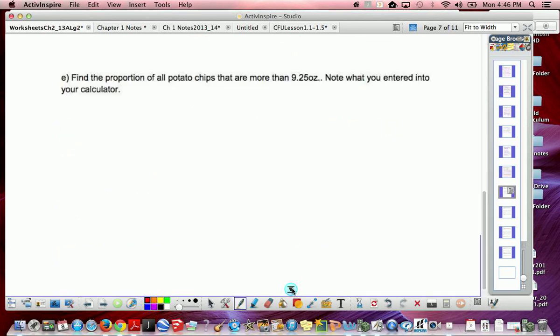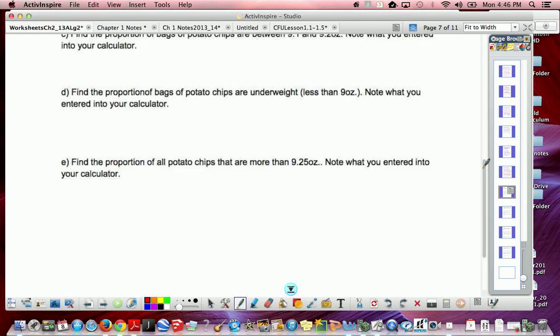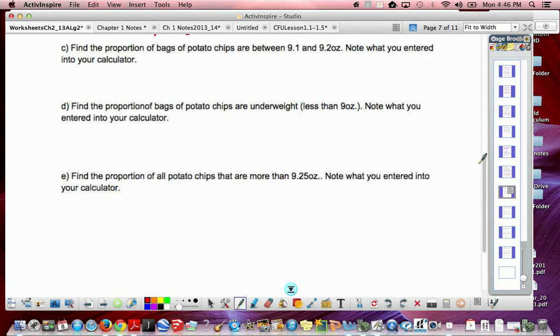Question C says, find the proportion of bags of potato chips that are between 9.1 and 9.2 ounces. Note what you entered in your calculator. On all of these, we're actually going to use the calculator. In this case, we do normal CDF because we want to find that area.